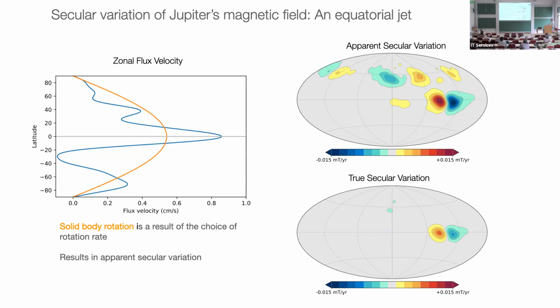And we can look at both the apparent secular variation, the secular variation that the blue curve would produce up here, and we can look at what I call the true secular variation, the secular variation after one's removed this solid body rotation. And one can see that the true secular variation is much simpler than the apparent secular variation. It's dominated.